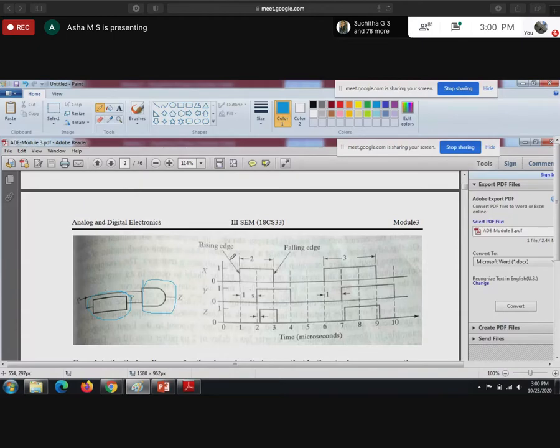So this is the added delay element to the AND gate. I have X, Y, and Z. X is the input: one input to the AND gate and one input to the added delay element. Y is the output of the added delay element. Then Z is the output of the AND gate.